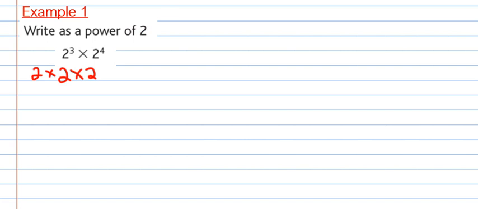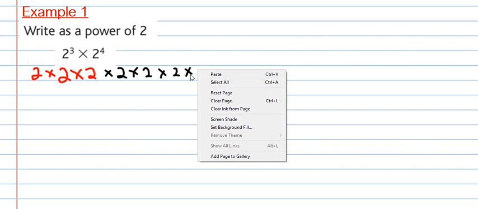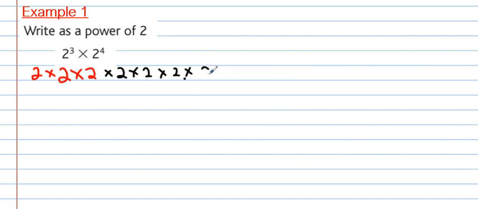And we multiply that by 2 to the power of 4, so we multiply 2 by itself 4 times: times 2, times 2, times 2, times another 2.